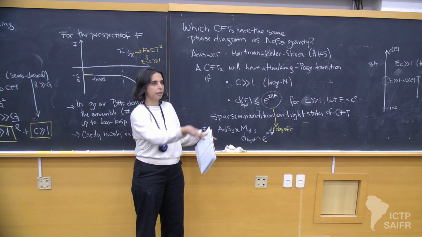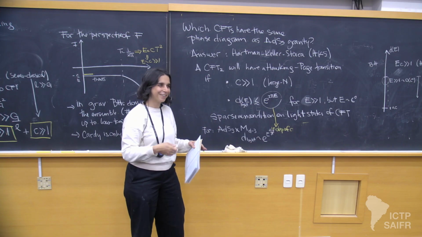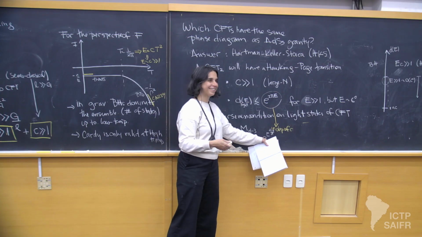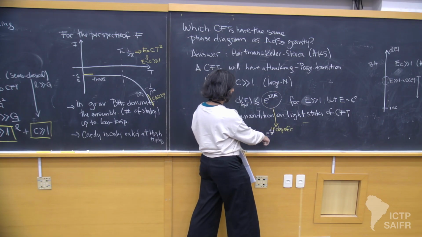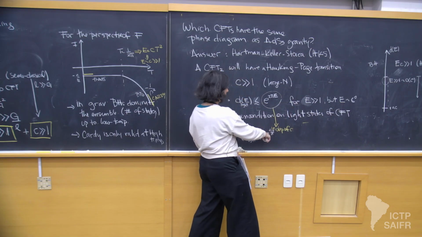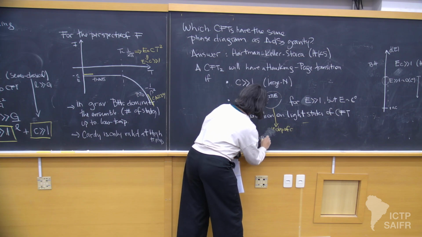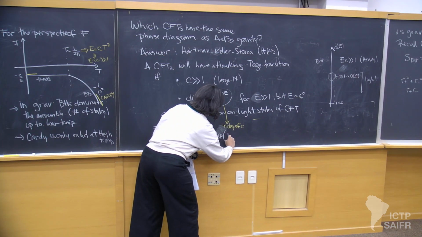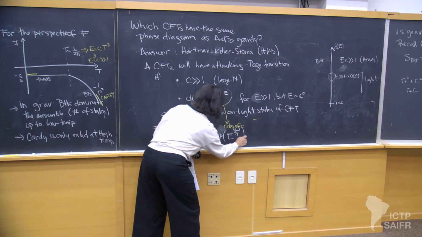I think you were teaching StatMech, so you can ask your students in the next exam to compute the number of states that you can have in a box of D dimensions. The answer is that at high energies, when E is much bigger than 1, it goes like the exponential of E to the (D minus 1) over D.